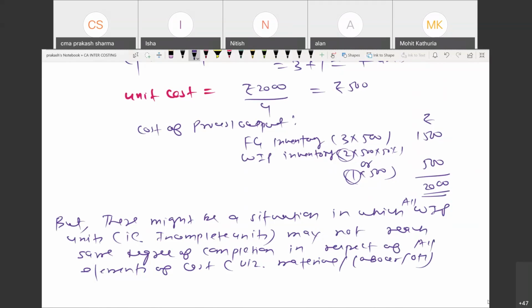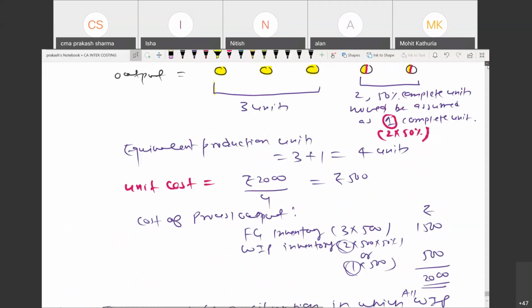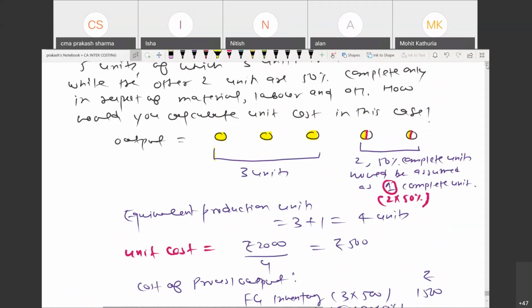क्या मतलब है बच्चों? Please let us get back to our previous example. In the previous example, I told you these two units are 50% complete only. When I say 50% complete, it means these units have consumed 50% of material, 50% of labor, and 50% of overhead.